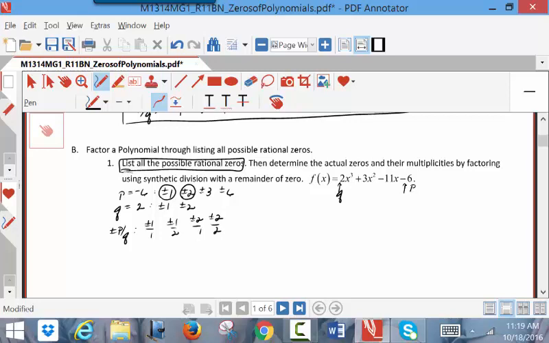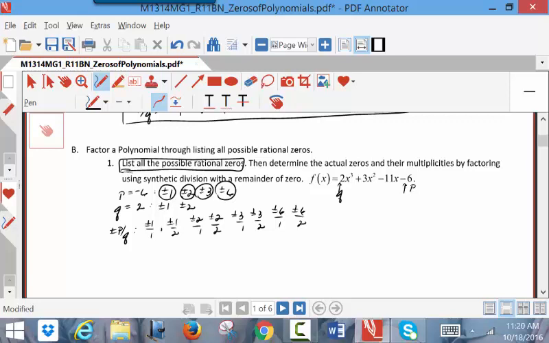Then plus minus 3 over 1 and plus minus 3 over 2. I really should have commas between these, but it's hard to fit them in here. Then take the 6 through, plus minus 6 over 1 and plus minus 6 over 2.